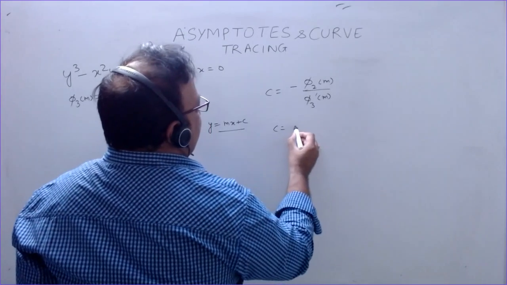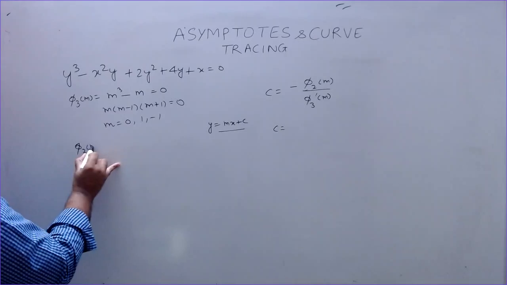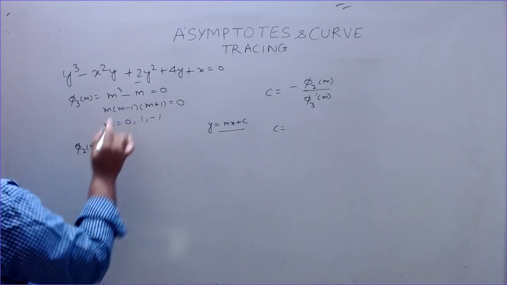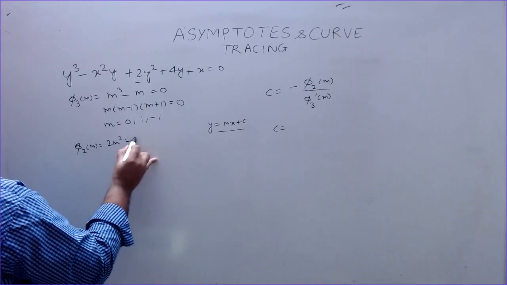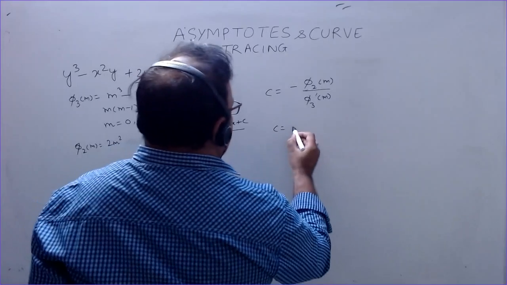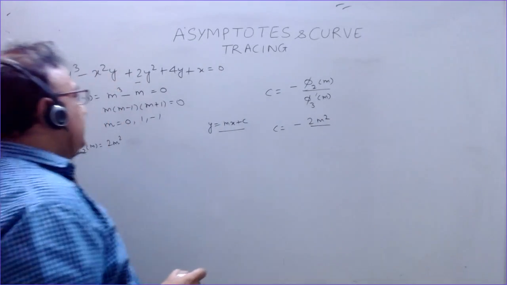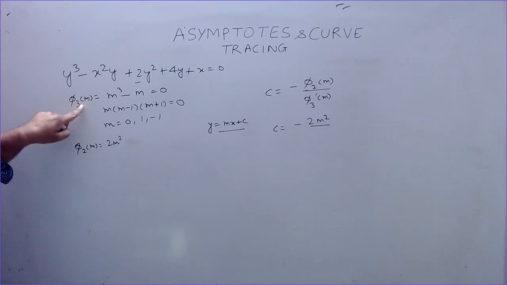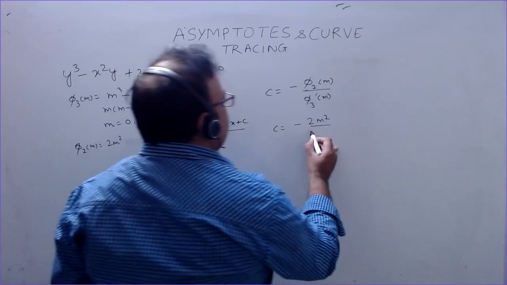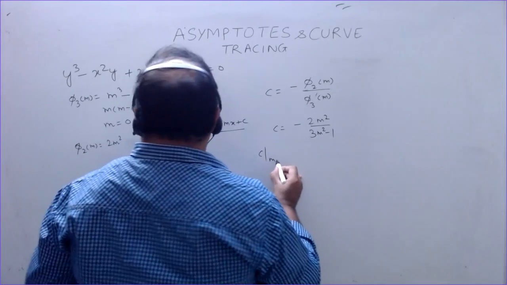So what is phi 2 of m? The second degree terms, we have this only one. Put y equal to m here, 2m squared. So c equals minus 2m squared over phi 3 dash, the derivative of phi 3 with respect to m, which is 3m squared minus 1. So find the value of c for different values of m.